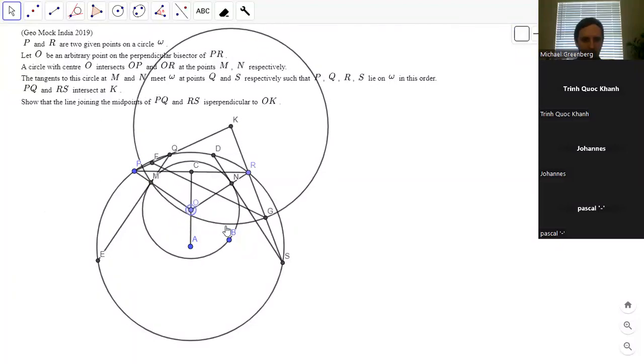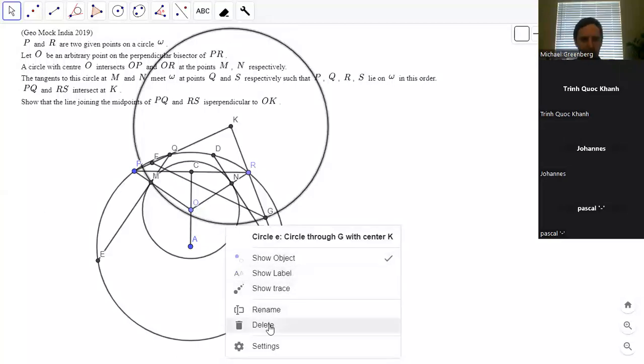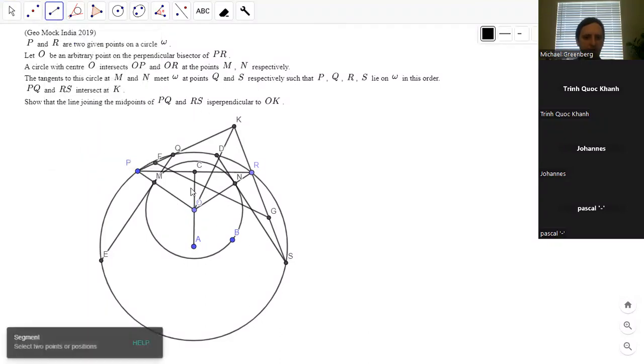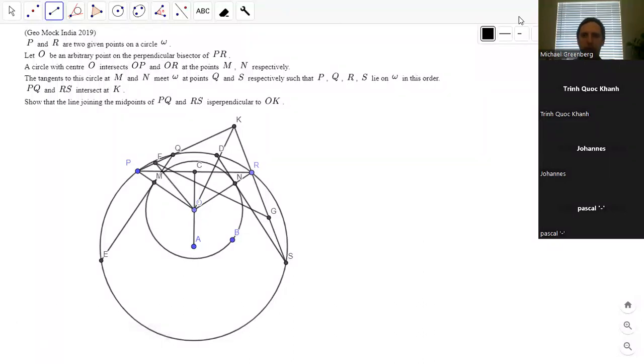Okay, so let's delete the circle. So we want to show FG is perpendicular to OK. Obviously, OF is perpendicular to PQ, and whoops, sorry, AF is perpendicular, and so is AG.